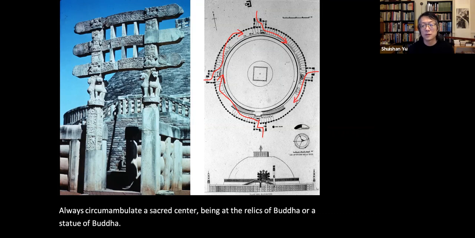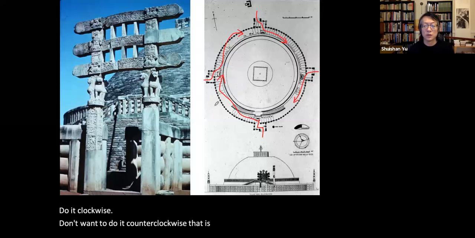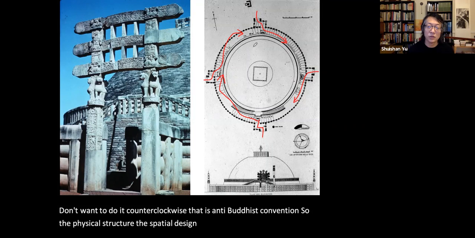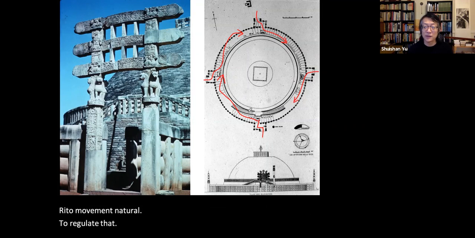You always do it clockwise. You don't want to do it counterclockwise. That is anti-Buddhist convention. So the physical structure, the spatial design was made that way to regulate that ritual movement. And there are stairs that allow you to access the middle railing and circumambulate it on a higher ground.